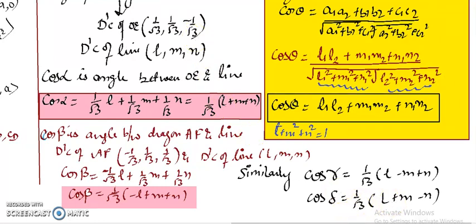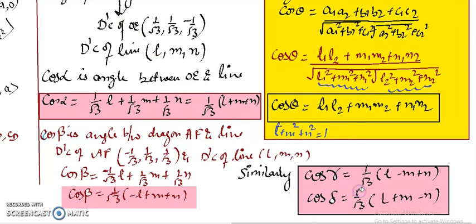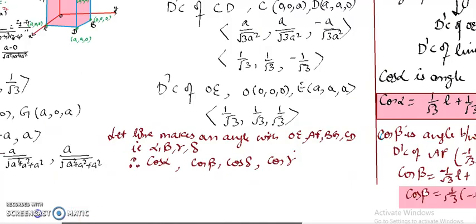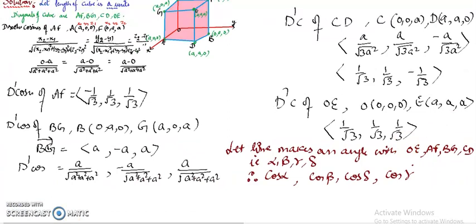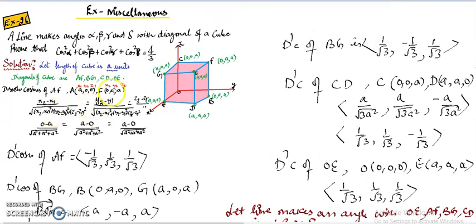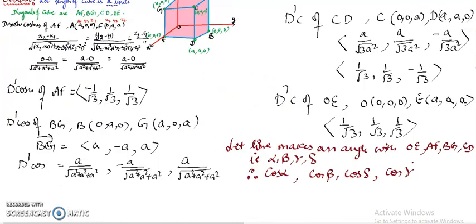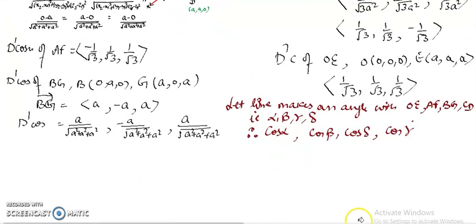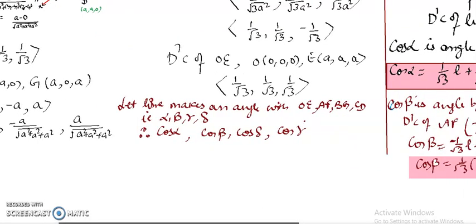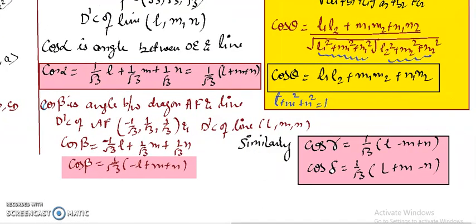After taking all these four together, what will we get? Because we are to prove this question, let me show you the statement. We are to find the sum of squares of these, cos square alpha, cos square beta, cos square gamma, cos square delta. Now you have all the values. I am going to take the squares and add them, and you are to solve this yourself.